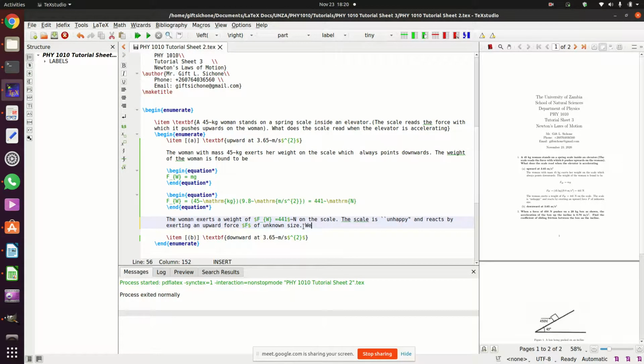We know something, however. We know that the woman, as a result, accelerates upwards with an acceleration in the y direction equal to 3.65 meters per second squared.